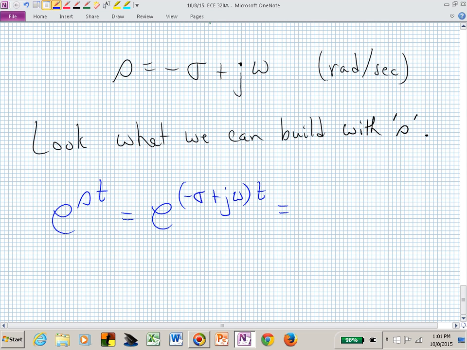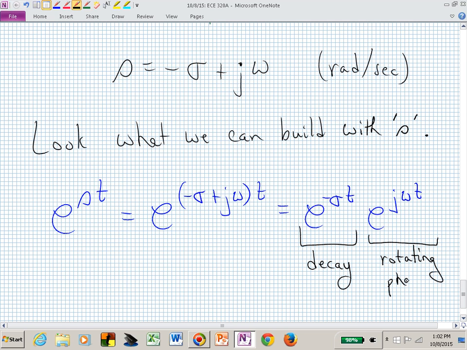Since they're adding, we can pull that apart and have two pieces that are multiplying together: an e to the minus sigma t piece and an e to the j omega t piece. The first piece is really going to give us a decay, and the second piece, think of that as a rotating phasor.